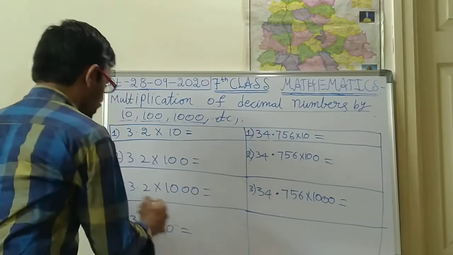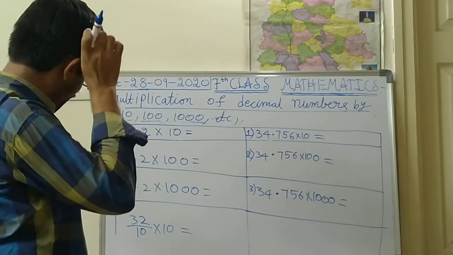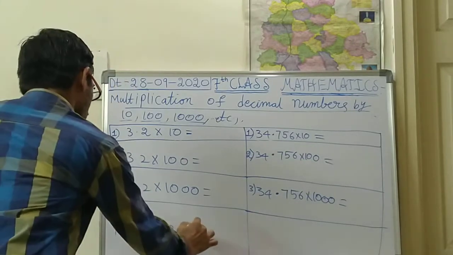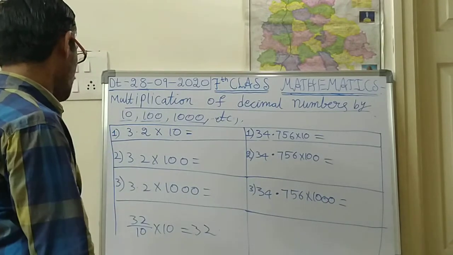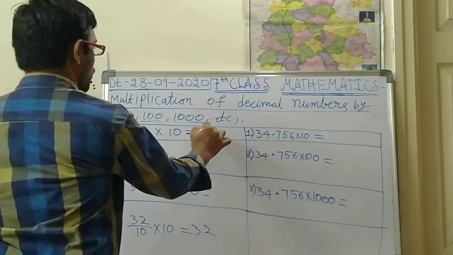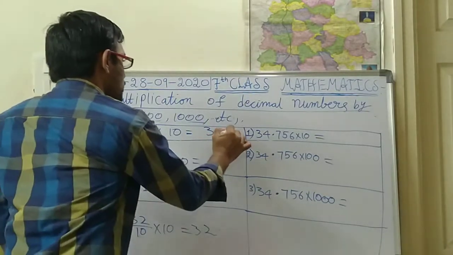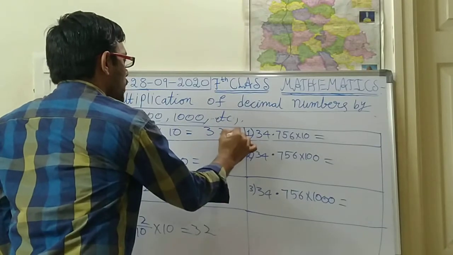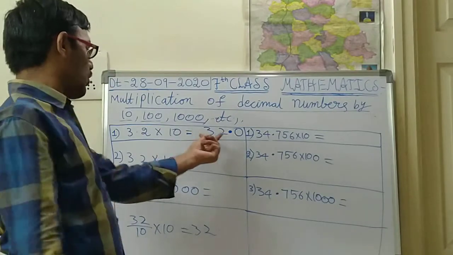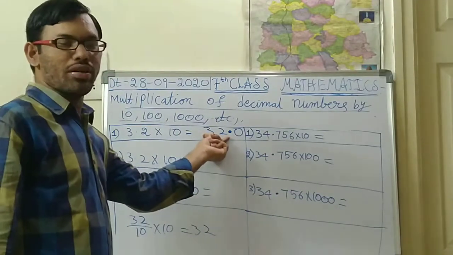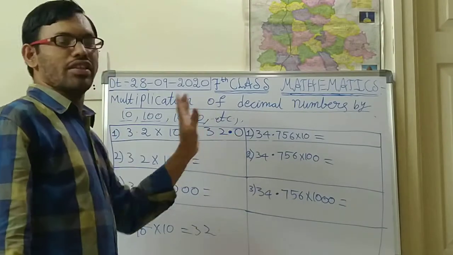So 3.2 into 10, only you should write 32. Or else if you want, you can put 32.0 also. So like this, if only the whole number is coming, then you can put .0. So like this you can do.